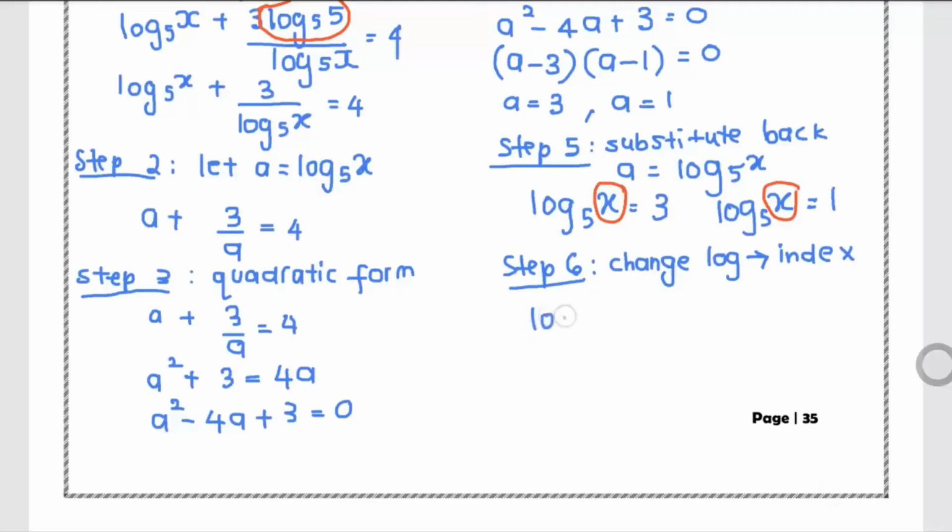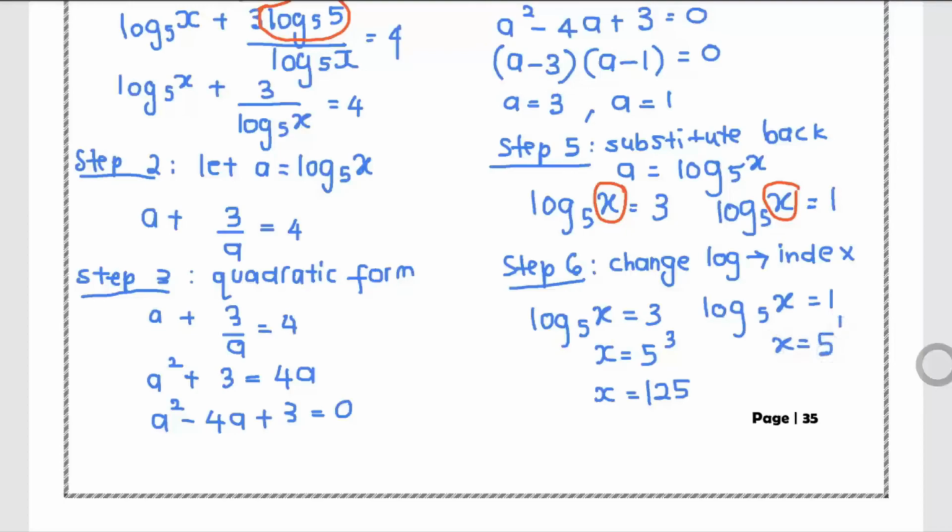So from log x base 5 equals 3, we will have x equals 5 to the power of 3, so x equals 125. Same for log x base 5 equals 1: x equals 5 to the power of 1, so x equals 5. So we have two values of x here, x equals 125 and x equals 5.